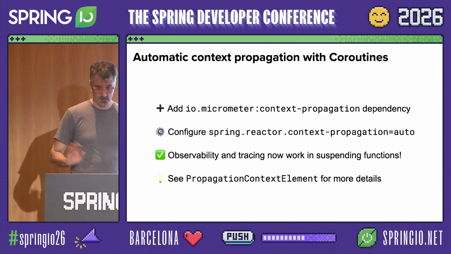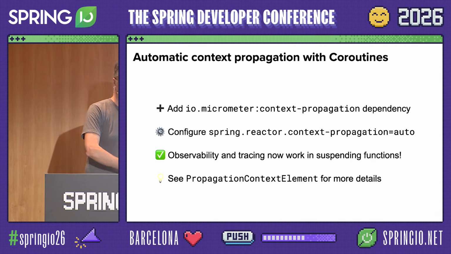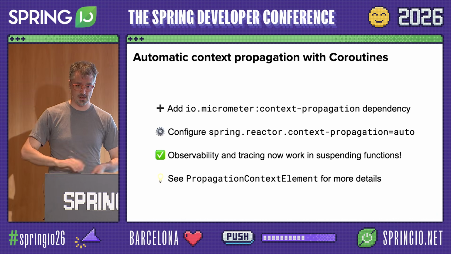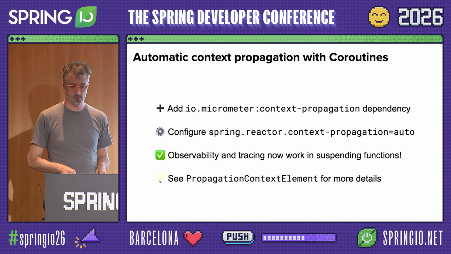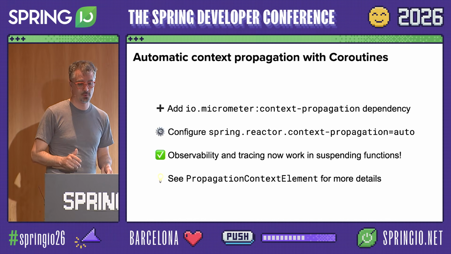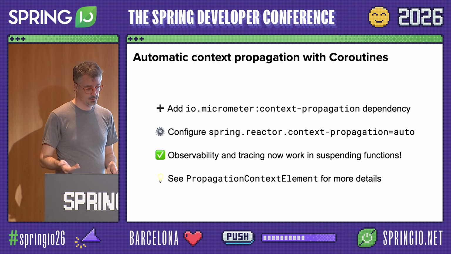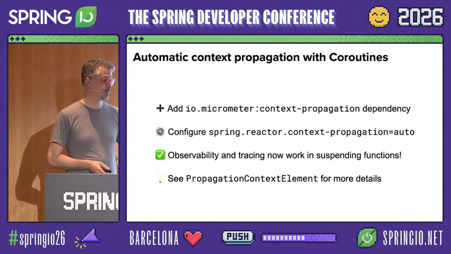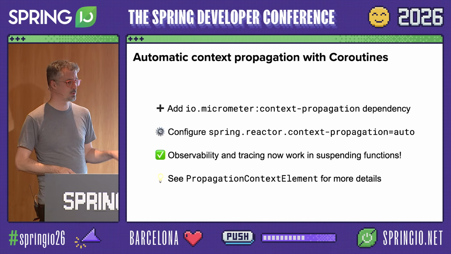You will have observability and logging prefixes that work automatically in suspending functions, even if you are using a very complex dispatcher system or customized stuff. If you want a deeper look for more advanced use cases, you can look at the PropagationContextElement class on the Spring Framework side, in the org.springframework.core package.